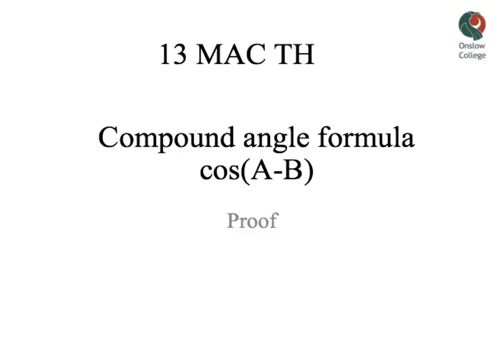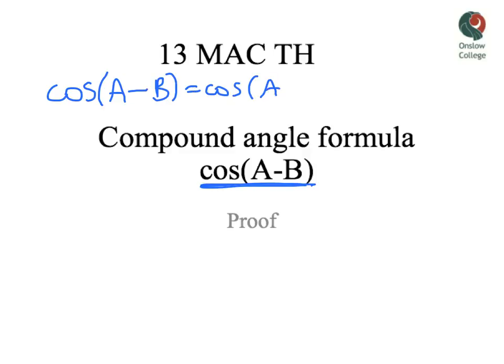The reason that we need to think about having compound angle formulae is because we can't just say that the cosine of A minus B is equal to cos of A minus the cosine of B. And that's quite common in maths. Often when we have a function, it's not going to be linear.